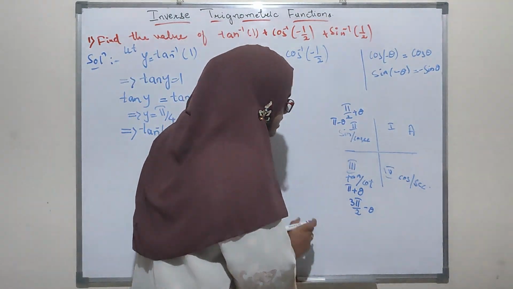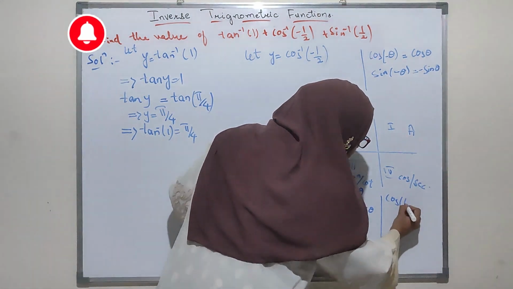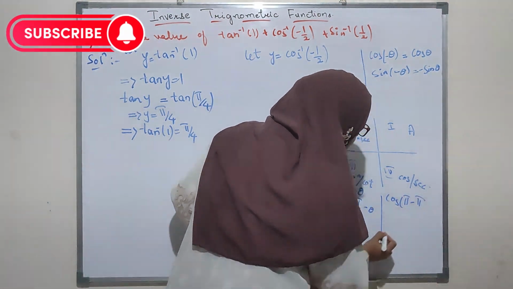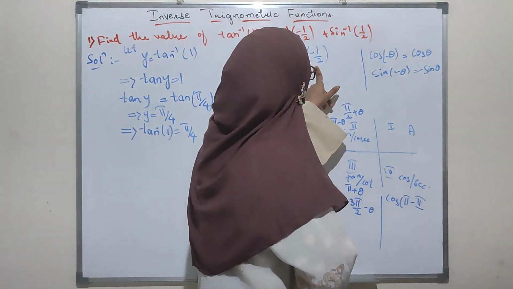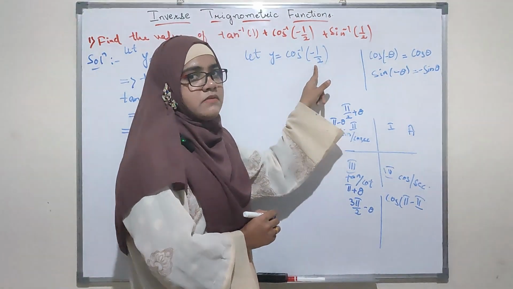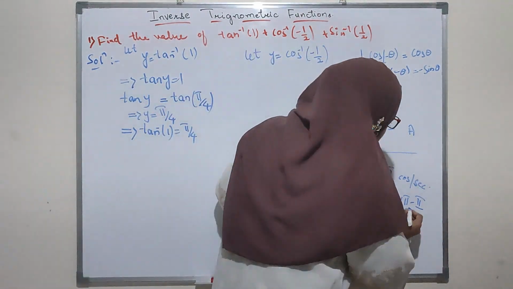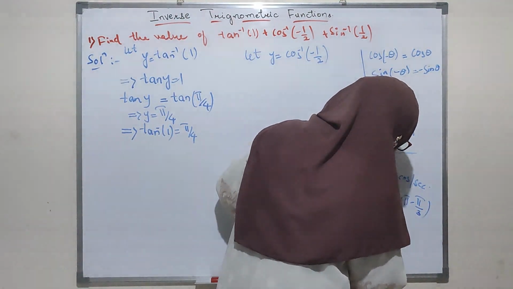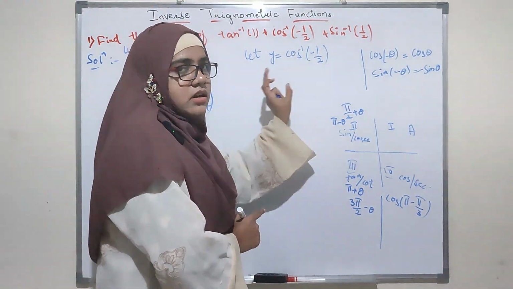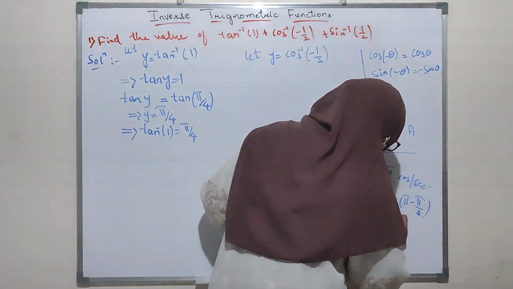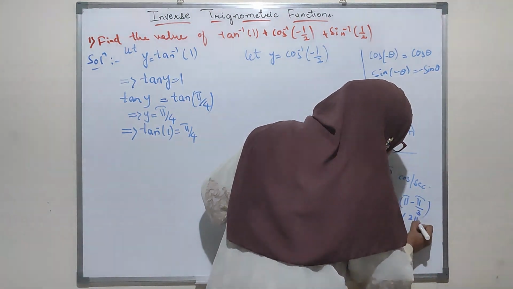Now consider, I am writing here cos of pi minus pi by 3. We have cos 60 as 1 by 2 value. So write pi by 3, cos 60. Why are we taking pi by 3? Because cos 60 is half, 1 by 2. Okay. So cos of pi minus pi by 3 will become 2 pi by 3.